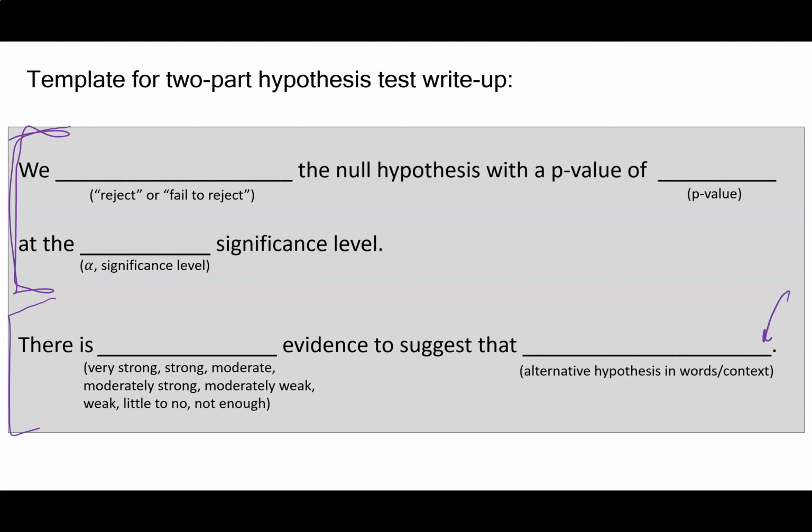Then we write out what the alternative is, in context of the problem. So there is very strong evidence that the mean zinc concentration for all locations on this river is, I don't know, higher than 2 grams per milliliter.